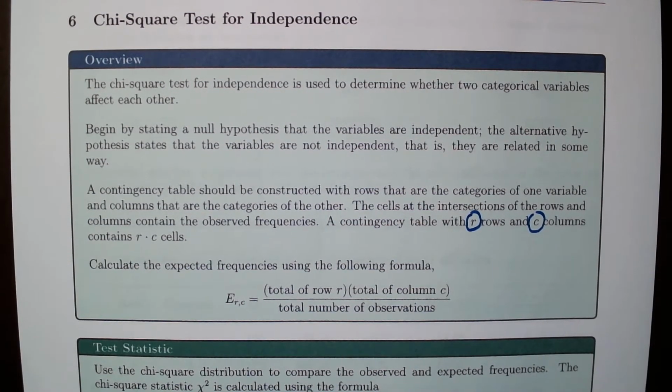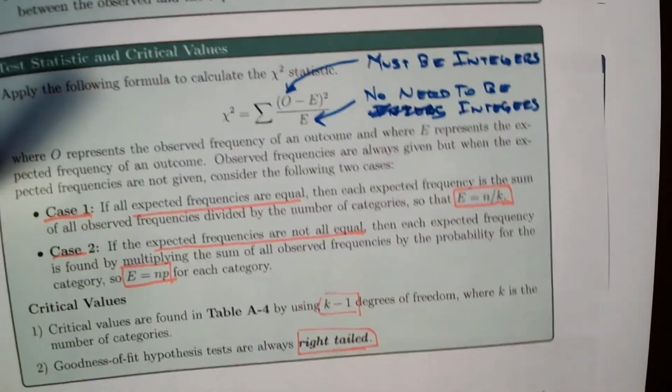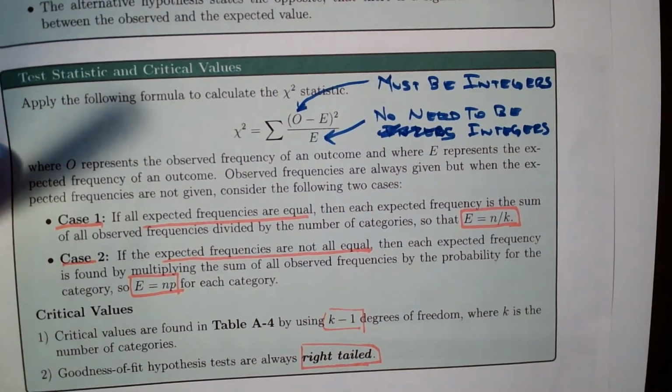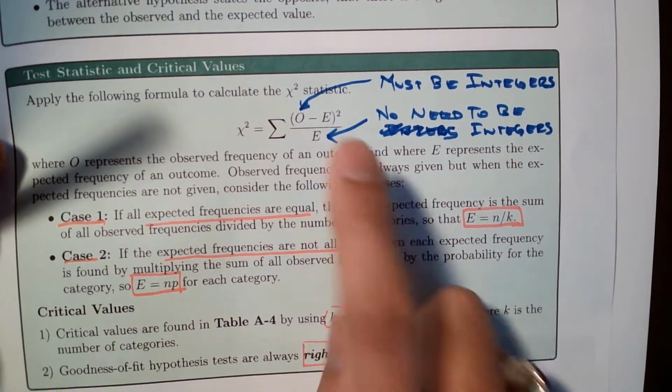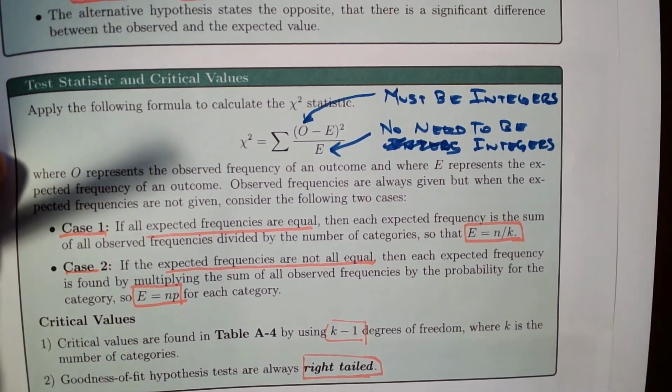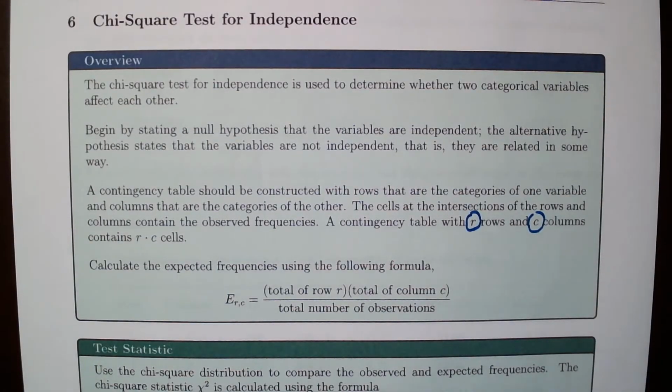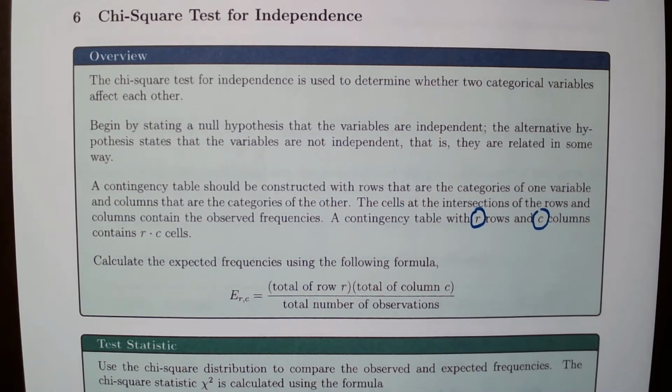As opposed to the previous application for the expected observation, in which we use observed minus expected squared over expected and then the sum of all of them, this one is going to work a little bit differently.